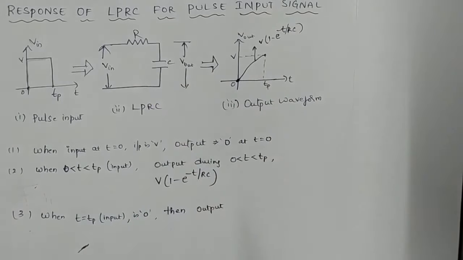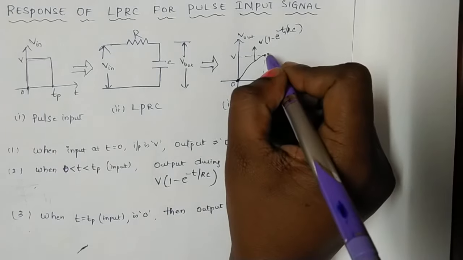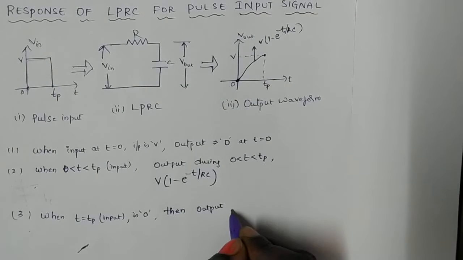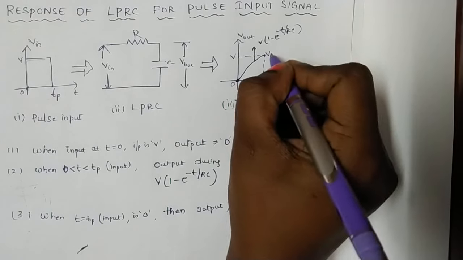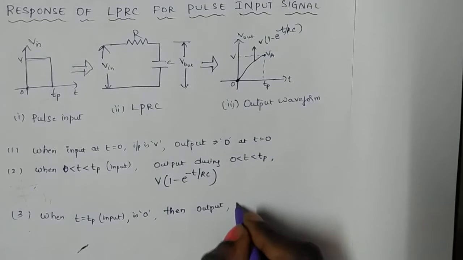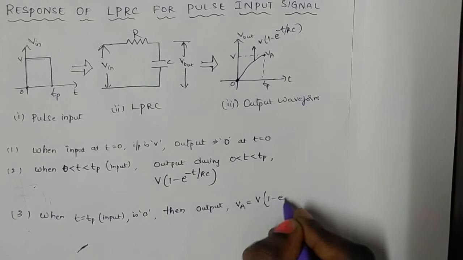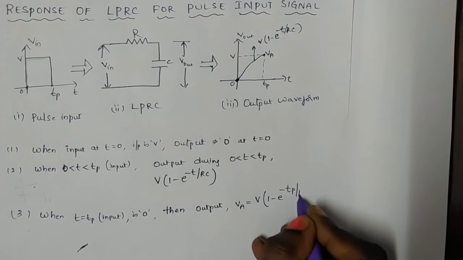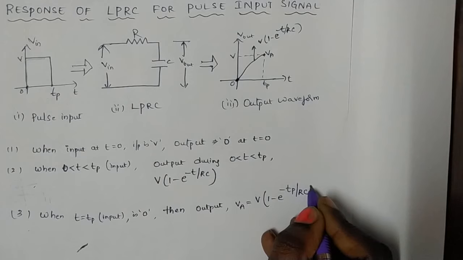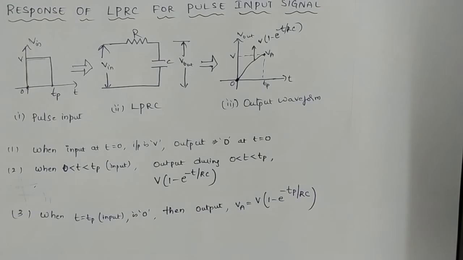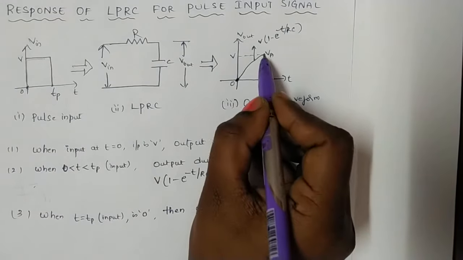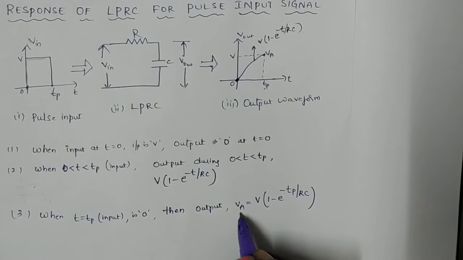It will not suddenly change. The output amplitude Va equals V into 1 minus e power of minus tp by RC, or tau. The capacitor cannot discharge to 0 suddenly, so the output at t equal to tp is Va.